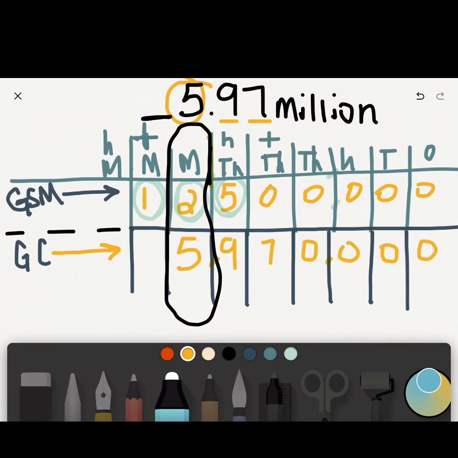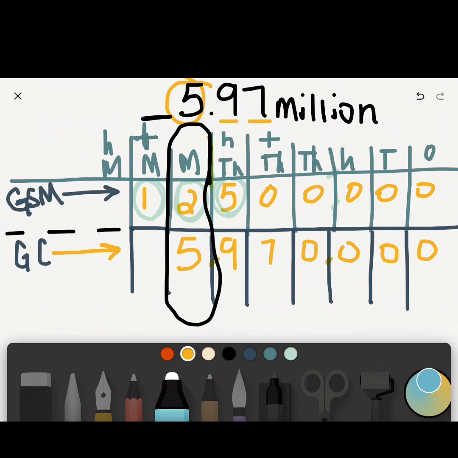There's a number in the 10 millions place when I look at the Great Smoky Mountain National Park, and there's no digit in the 10 millions place for the Grand Canyon National Park. So I know that the Great Smoky Mountain National Park has a larger number of visitors each year, or at least in 2019.